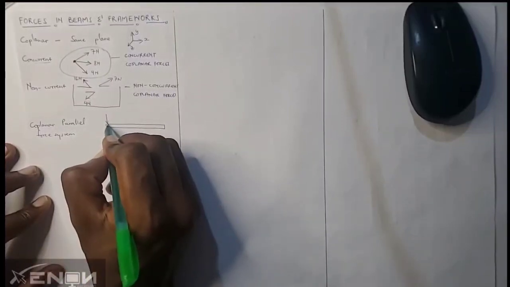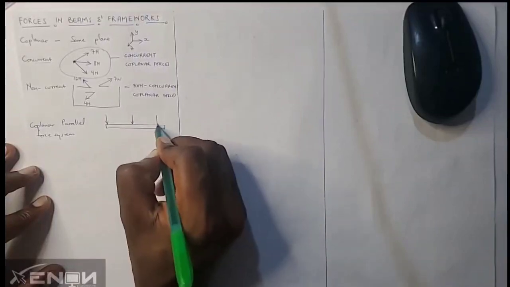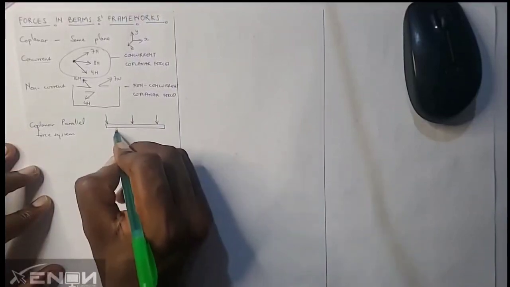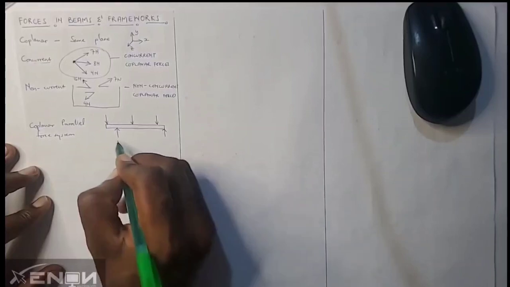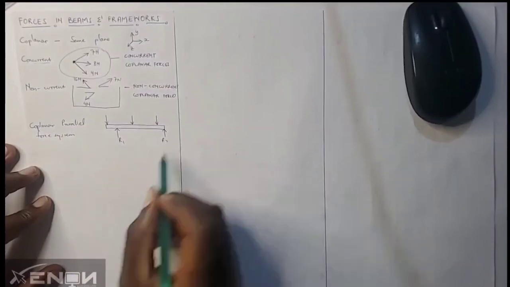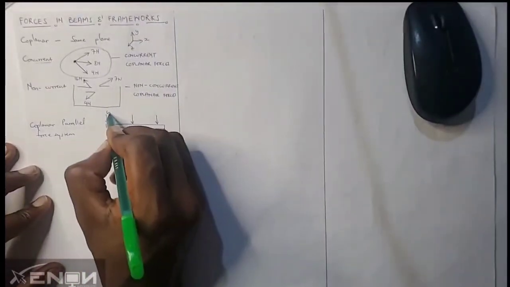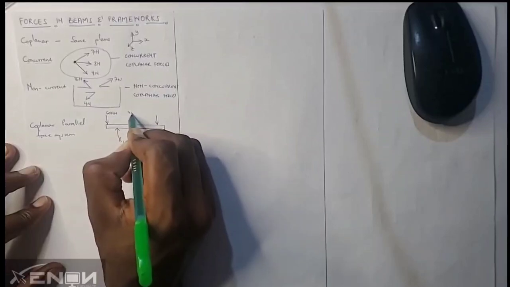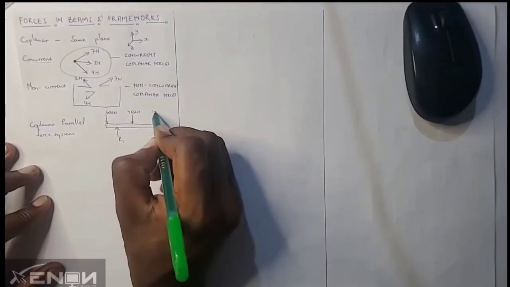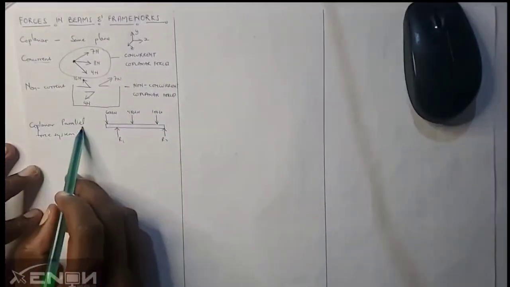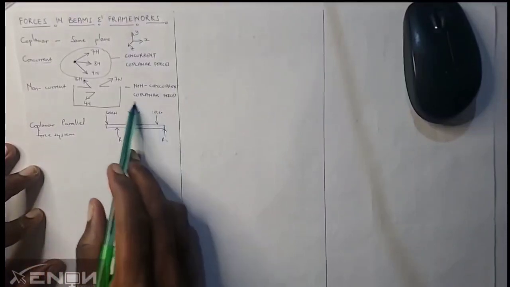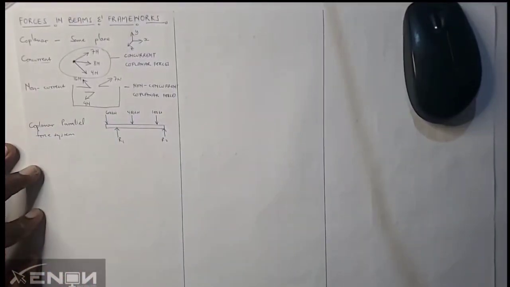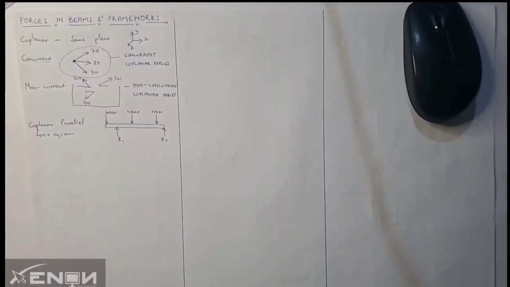We may have forces acting on this beam like this, and then we can have reactions that support this beam. As you can see, all the forces on this are parallel, which makes it a parallel force system. But all these forces are in the same plane, so coplanar.